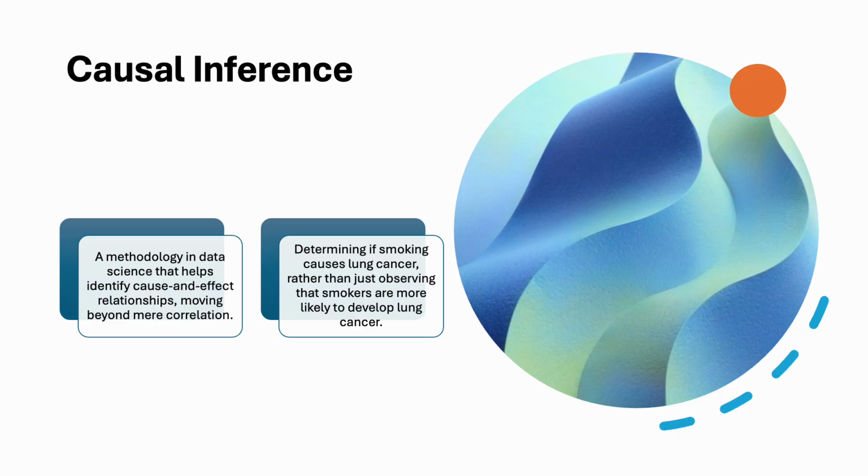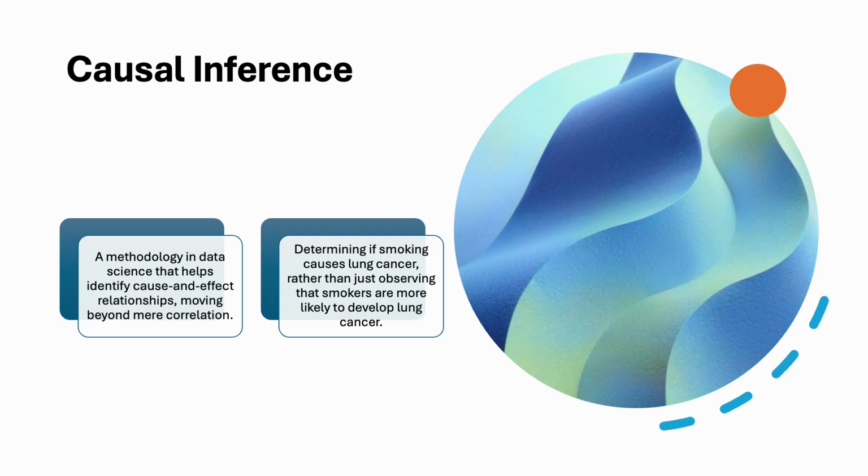What is causal inference? Causal inference is a method used in data science, machine learning, and artificial intelligence to figure out whether one thing actually causes another. Unlike simple observations, which only show patterns or connections, causal inference helps us understand the real impact of actions or events.